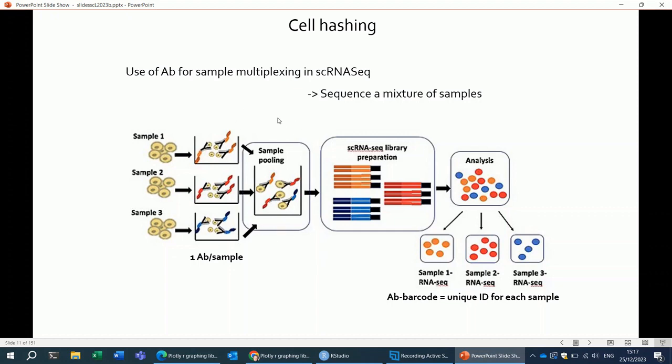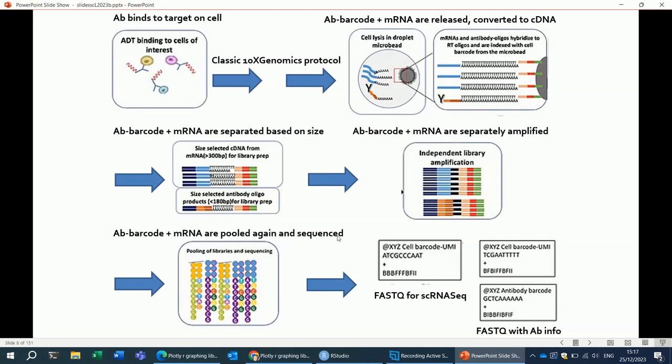You inject your cells into the water droplets, and then using the same system that I explained here, you are going to sequence both the transcripts, so you will get the expression levels of all the genes in every cell, and you are going to sequence the sequences that were linked to the antibodies.